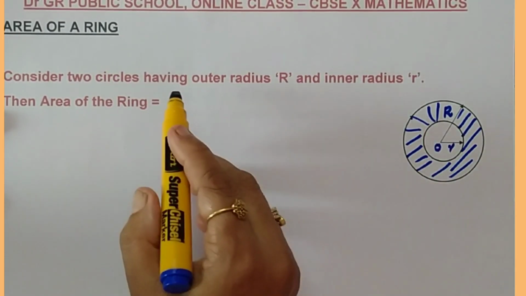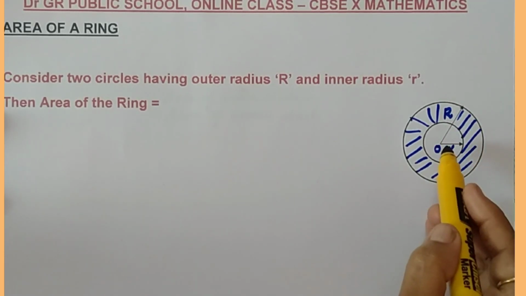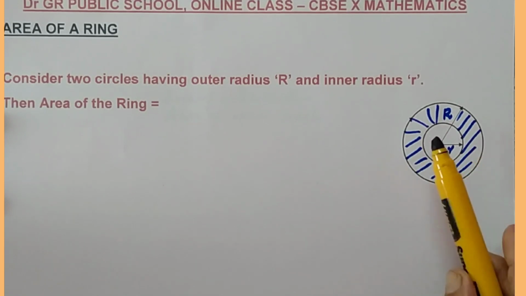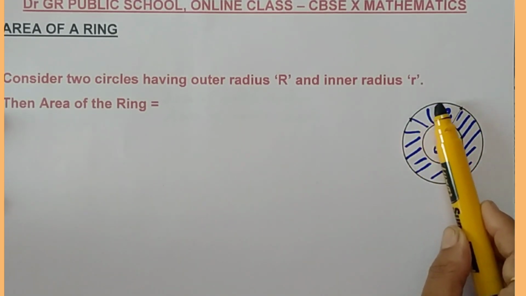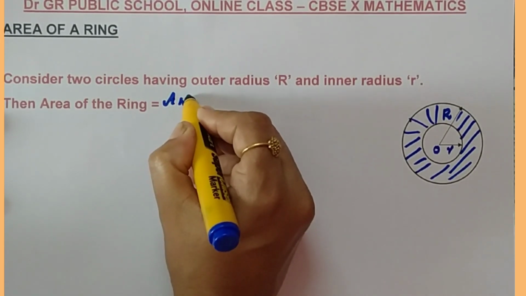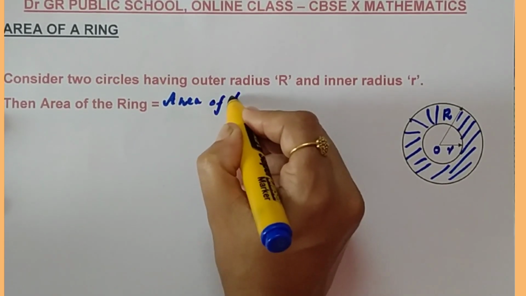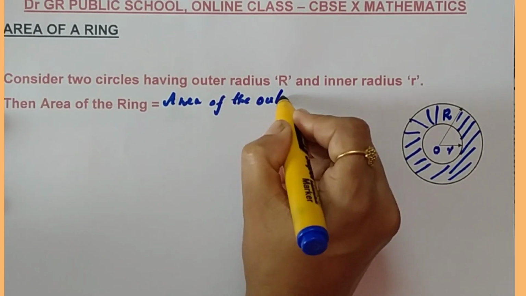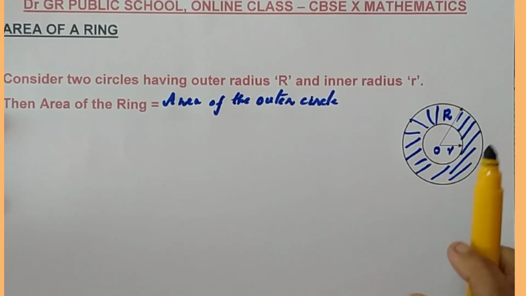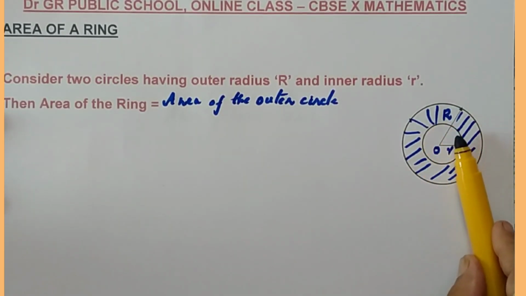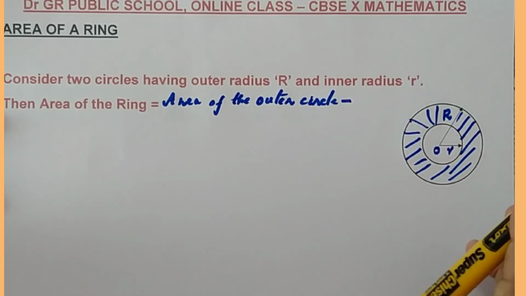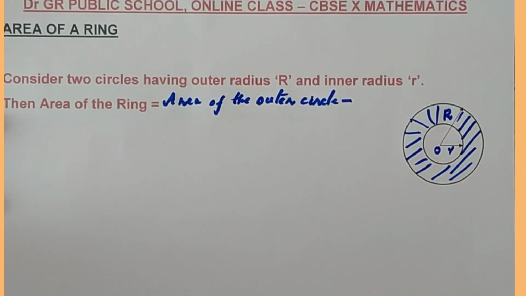Consider two circles having outer radius capital R and inner radius smaller r. Then area of the ring equals the area of the full outer circle, meaning the complete area within the circle, that I am going to consider at first. From the full outer circle area, meaning the space occupied within that circle, if I subtract the area of the inner circle, what will be the area of the inner circle?